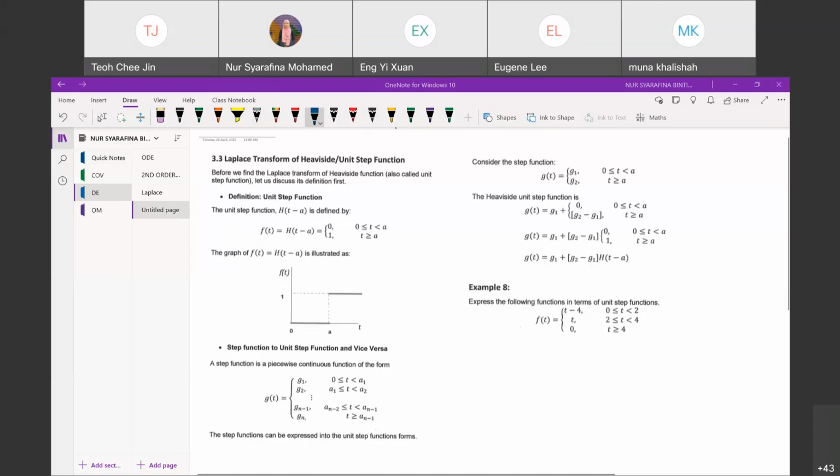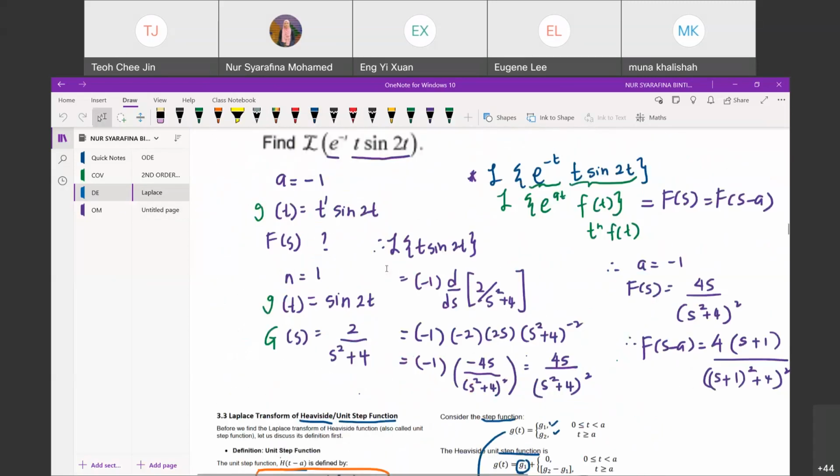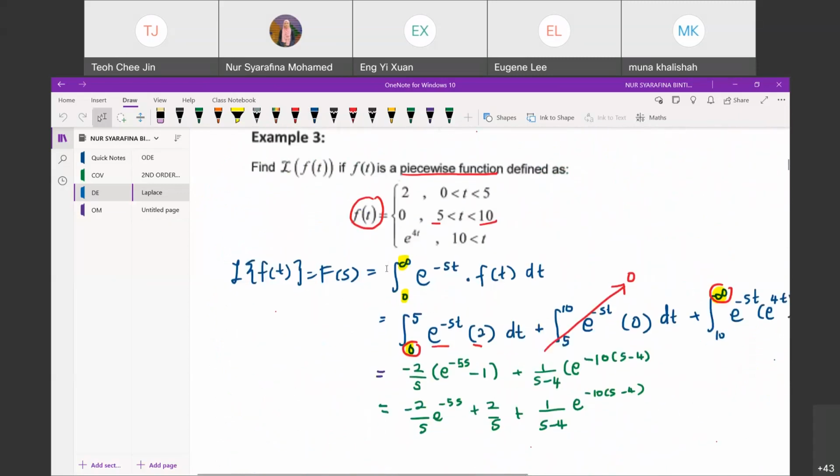Now we want to proceed on how to transform a Heaviside function, or we call it a unit step function. Remember, previously we have transformed a piecewise function, right? Where you need to transform one by one according to the definition.